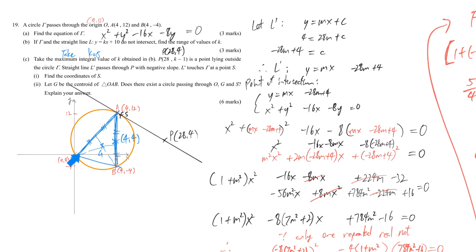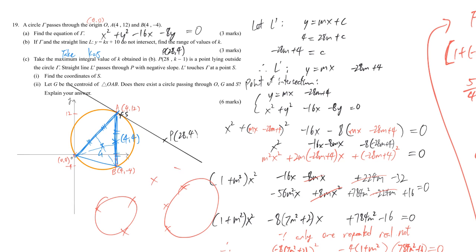And then they say that O, G, and S can form a circle. First, it's very easy for any 3 points to form a circle. If you draw any 3 points randomly here, it's easy for you to connect them with a circle. Even if the 3 points look like this, you can also draw a circle like this. So what's the only condition that you can't form a circle?